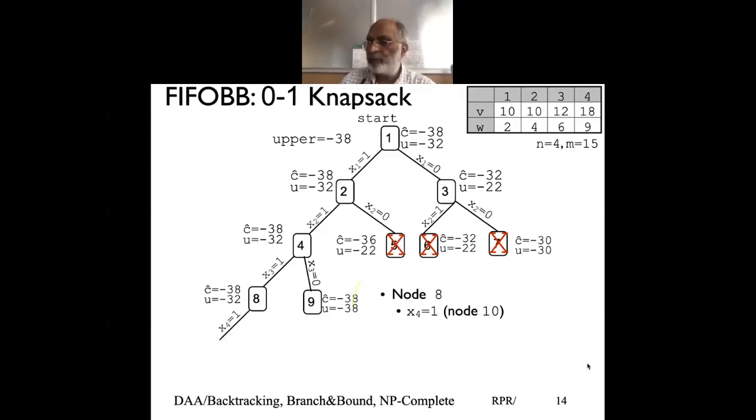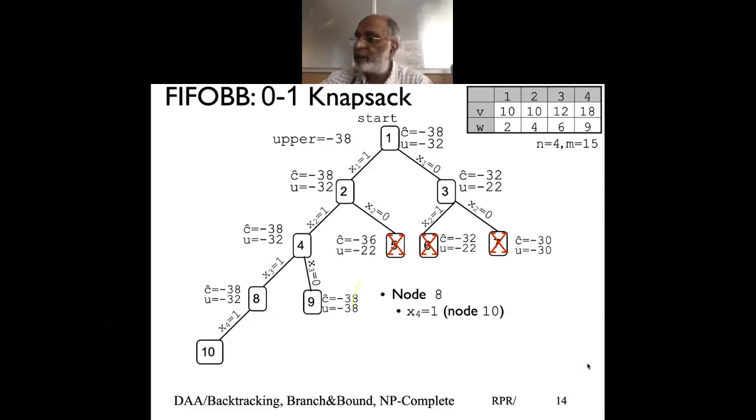I include this. Now, what would be my C hat x and U x for node 10? Any thoughts? Same, minus 38? No, that's the catch.